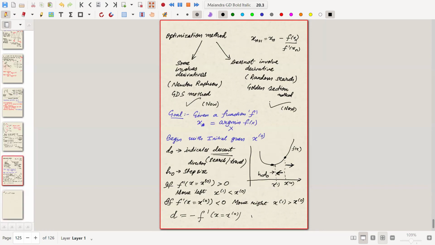Think d naught is your minus of f prime, minus of f prime evaluated at x naught. So you can think of it as a tangent. That is a visual assignment for you. D is minus of f prime. F prime you already know, f prime is a tangent. So you can think now where it will go, why I am writing it that way.